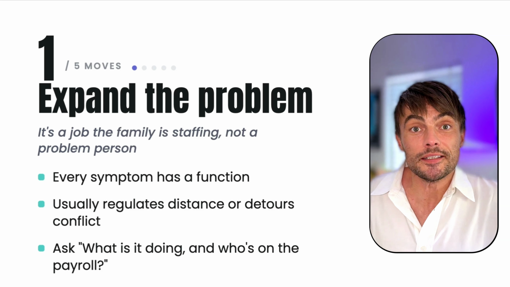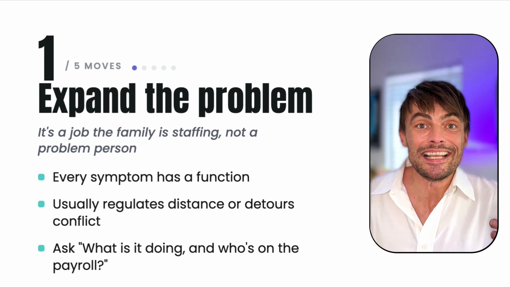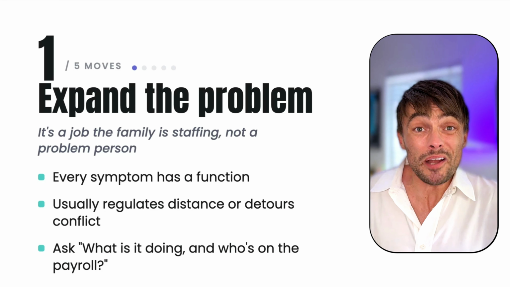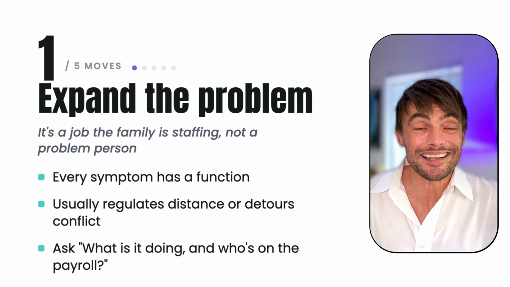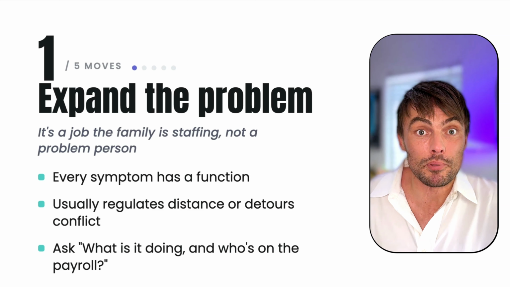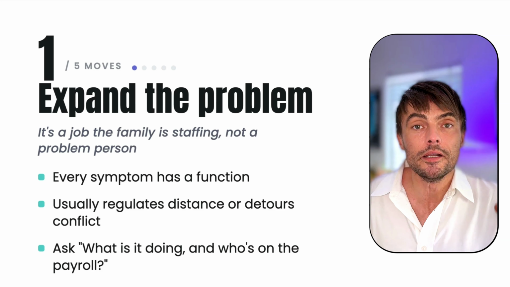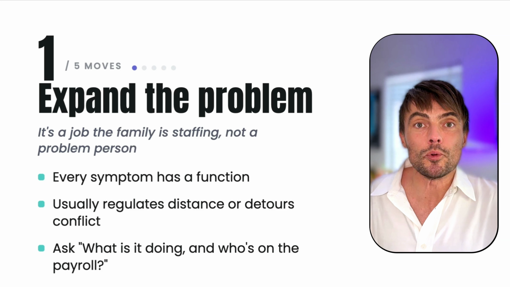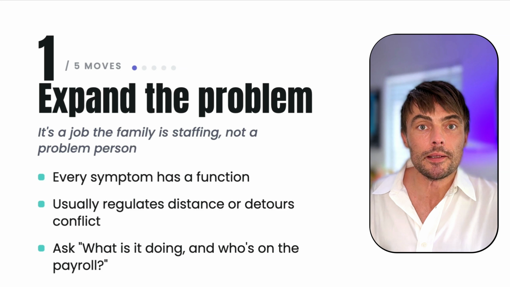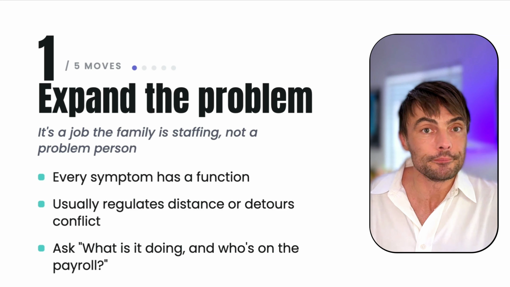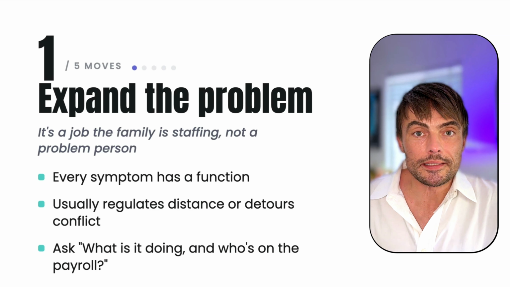So one partner's depression is the only thing that can actually buy care and support instead of contempt. So the function is all about regulating closeness. And who's on the payroll? Both of them.